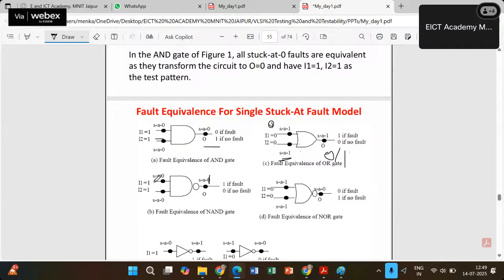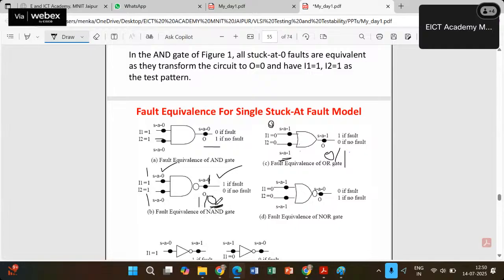Likewise, for the NOR gate, we have stuck at 0 faults at the input that are equivalent to stuck at 1 fault at the output. Why? For example, let's say this is the fault. What I need over here is 1 at the input. What will be the output? I am expecting 0 at the output. This 0, what can it detect? It is just like an LED: 0 is LED off, 1 is LED on.